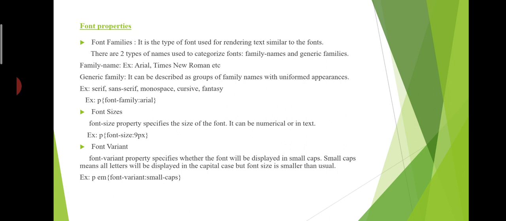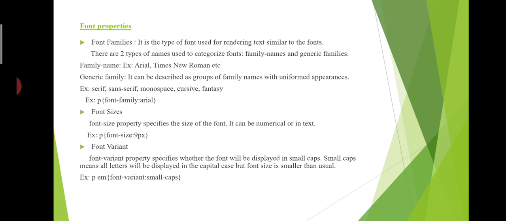Coming to the next one, that is font variant. The font-variant property specifies whether the font will be displayed in small caps. Small caps means the text is displayed in capital case, but the font size is smaller than usual.